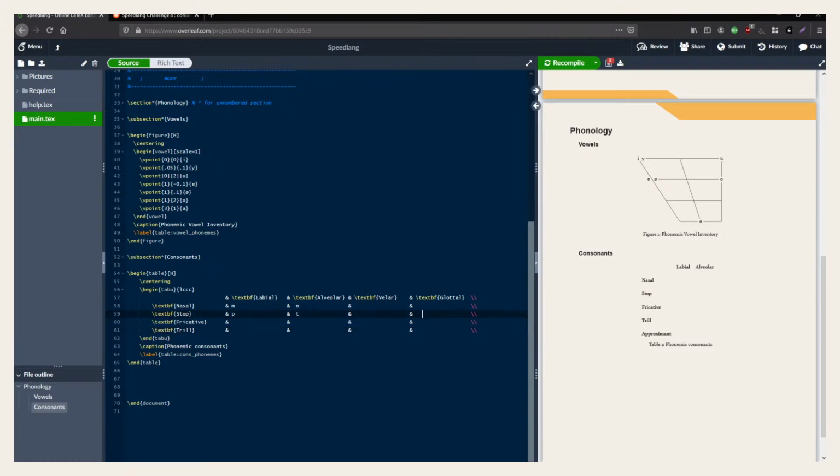Let's see. I mean, at this rate, I might. Ka is uvular, right? I'm going to group them together and make this the only. There we go.